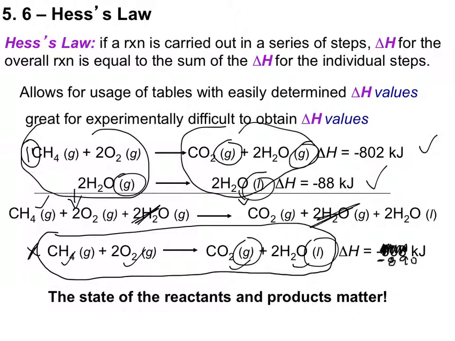What you also need to notice is that we obtain our delta H value by summing the two values that we have here, which gives us an overall negative 890 kilojoule delta H value.